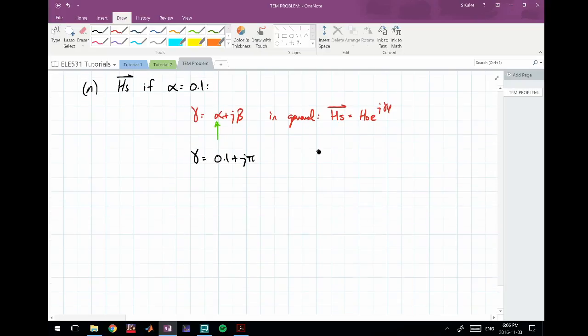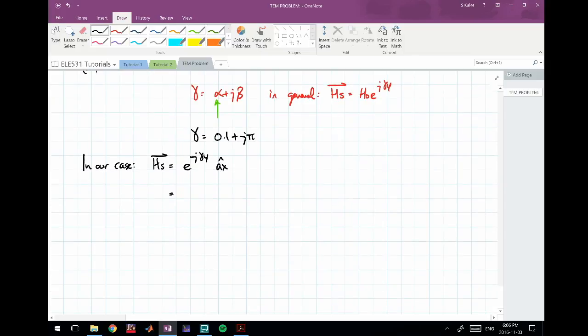So now if we look at our question, Hs is going to be 1 e to the gamma y, ax. It's e to the gamma y, not e to the j, because the j term is inside that.